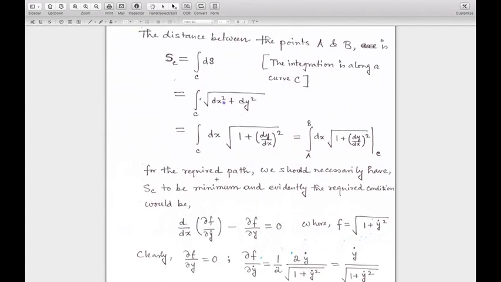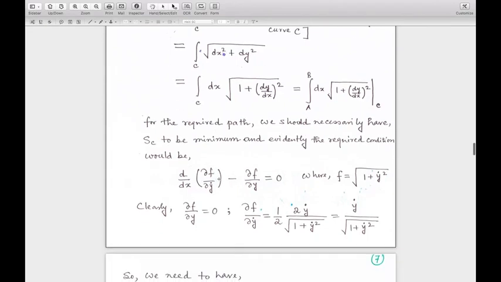So if the path for which the distance is minimum is C, then for that, if the corresponding function is f, then we know f must satisfy this relation that we have proved. Okay. Now here our f is this, so we know this should be true.